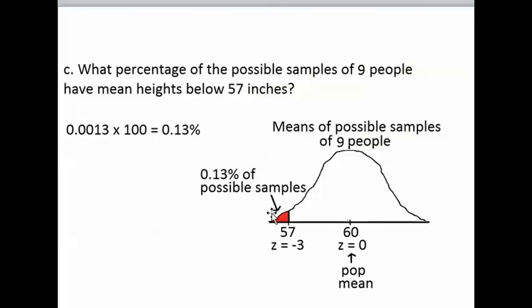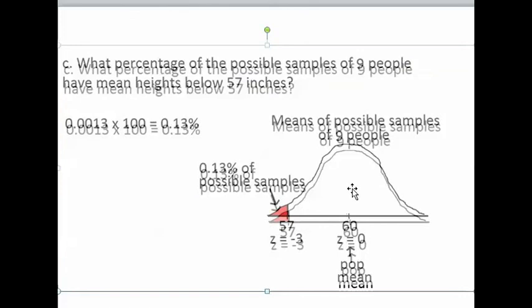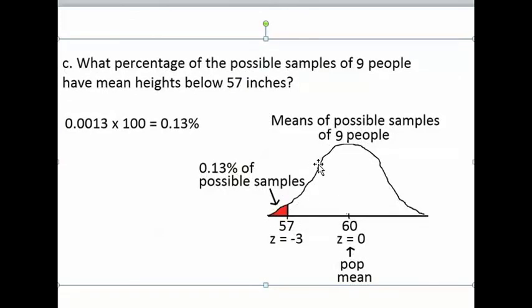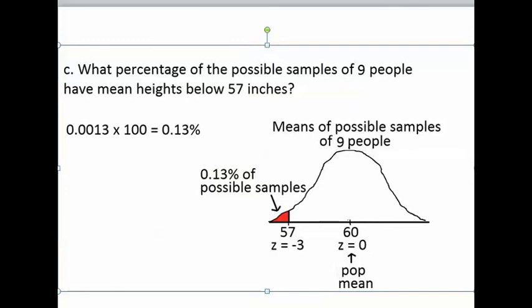And you can see the shape of the normal curve outlining the sampling distribution. When you go to the z-table, you're actually using the shape of the normal distribution curve to get the probability. So this probability that we found here is actually based on the shape of the normal distribution.